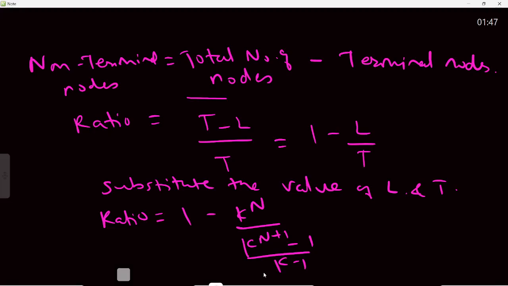Now, if we observe here, k raised to power n plus 1 minus 1 approximates k raised to power n plus 1 because it is totally dependent on n.